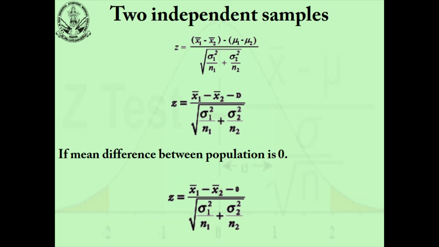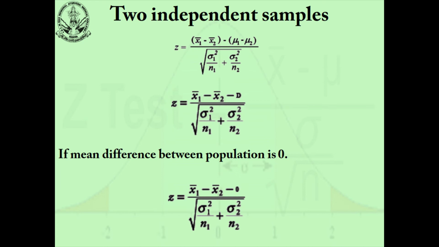Now we will see two independent samples. In that case the formula is (x bar 1 minus x bar 2) minus (mu 1 minus mu 2), all divided by the square root of sigma 1 squared by n1 plus sigma 2 squared by n2.